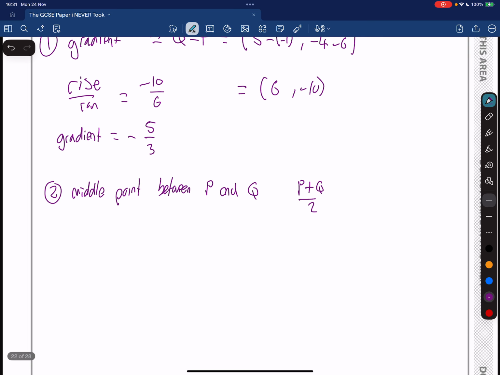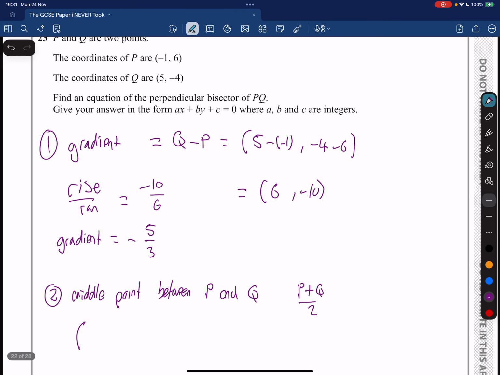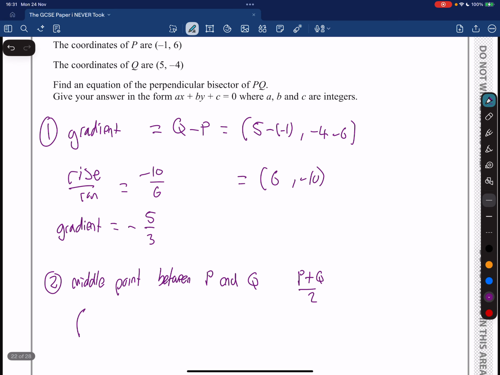So that would be minus 1 plus 5 over 2, comma, 6 minus 4 over 2. And this is equal to 5 minus 1 over 2, which is 2. That's 6 minus 4, isn't it? 6 minus 4 over 2.